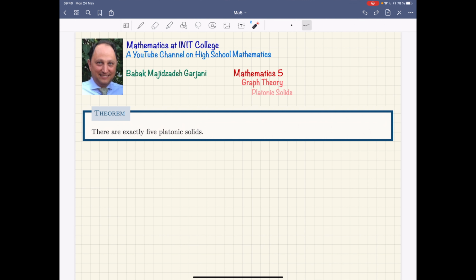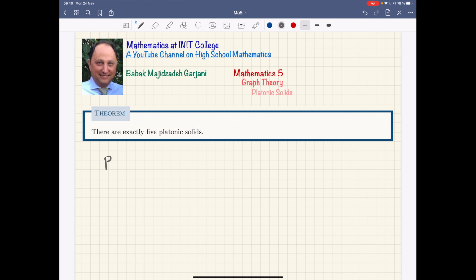So let us assume that you have a regular polyhedron in your hand, okay? And based on what you learned here, I hope that I could convince you at least partially that for each one of these polyhedra, you can associate a planar graph. So let us consider it like this.